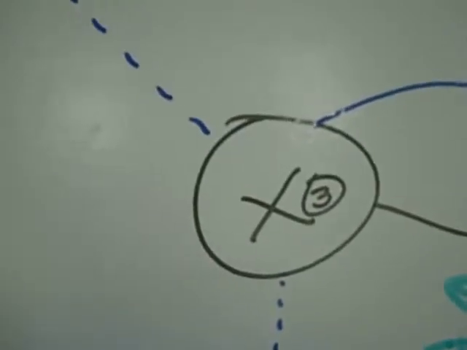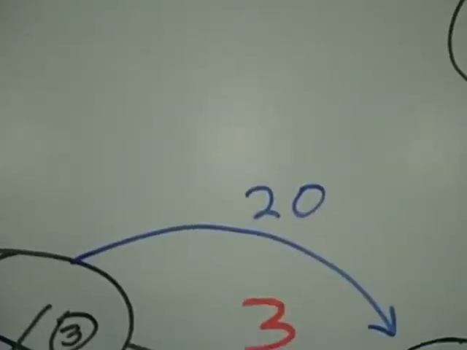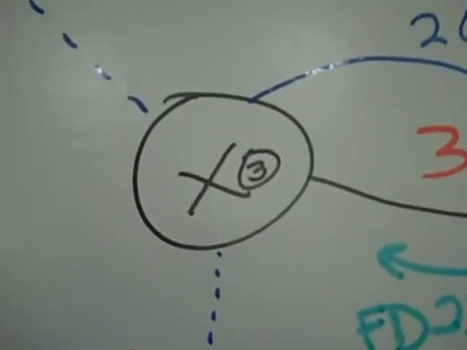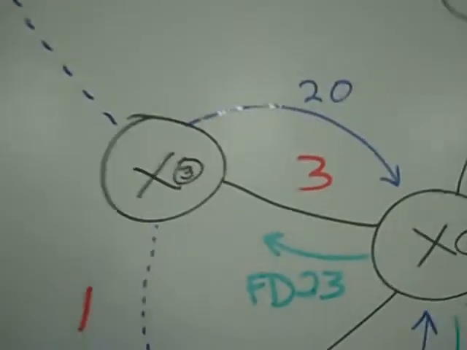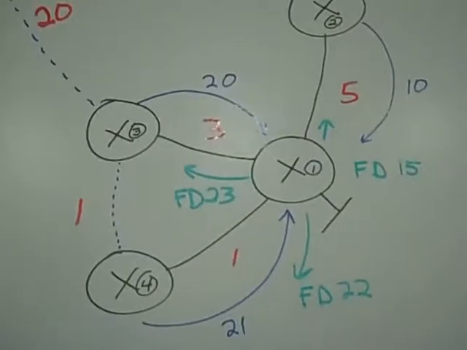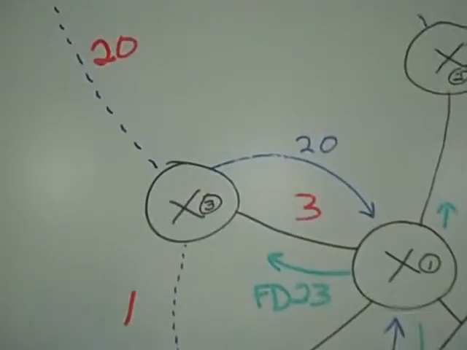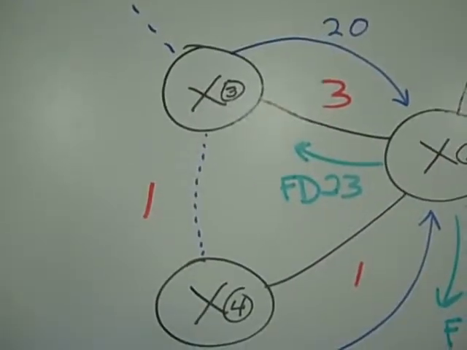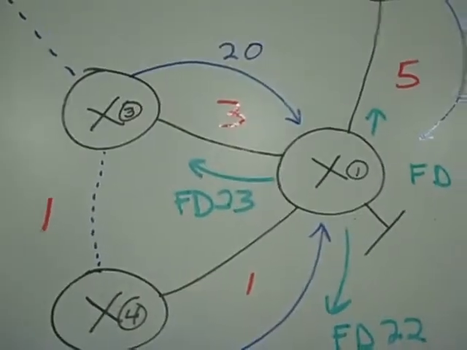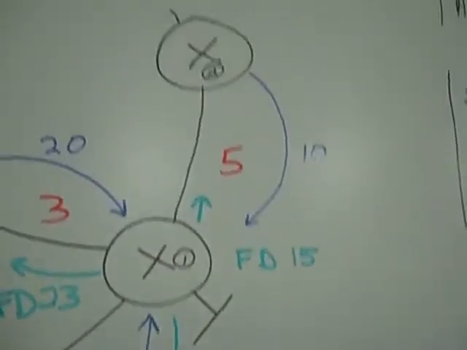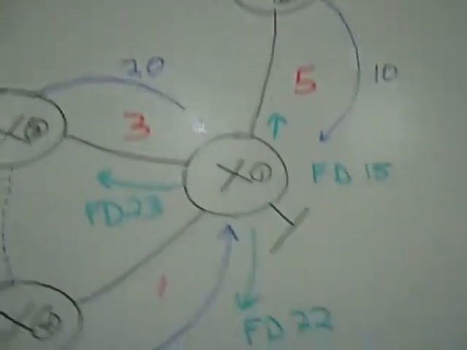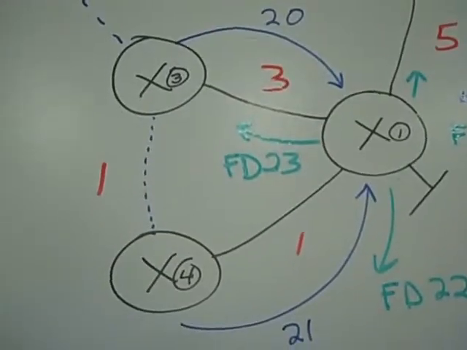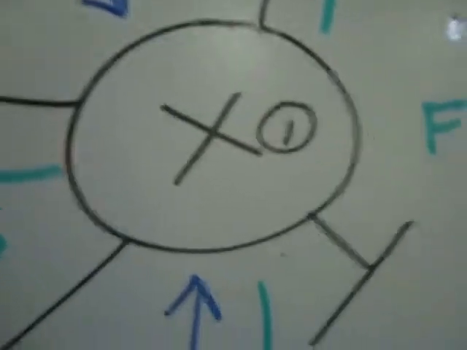Let's look at this one right here. That had a reported distance of 20, but we can't make that a successor because if you look at the diagram as a whole, that router right there has a distance of 1, 2, and then a 15 going this way. Its route to that router up there is actually through our main router.